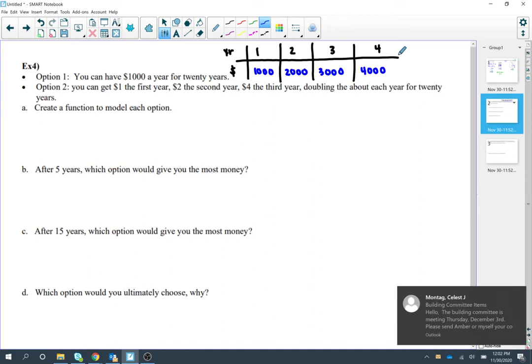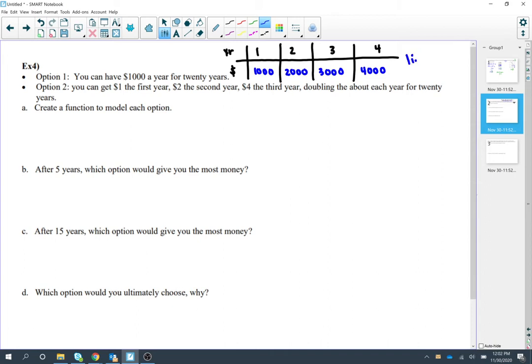Now, what we're getting at here is if you're adding $1,000 each year, this is linear. And linear, so option 1, is y equals mx plus b. That's going to give us y equals, m is your slope. So our slope is increase by 1,000, increase by 1,000, increase by 1,000. So 1,000x plus b, my y-intercept.